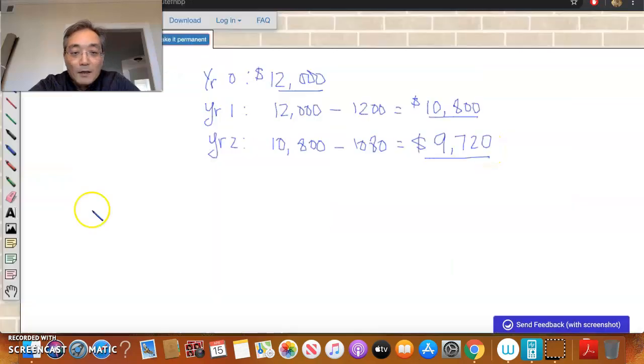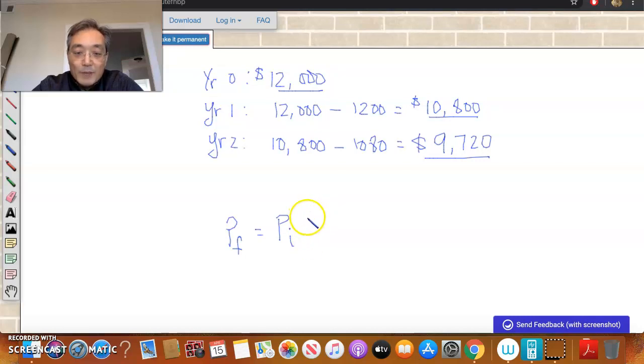What we can tell about this particular problem is if we wanted to now model this, we could say the final purchase price of the vehicle is going to be equal to the initial price of the vehicle times the rate, whatever the percentage of car we're going to have left.